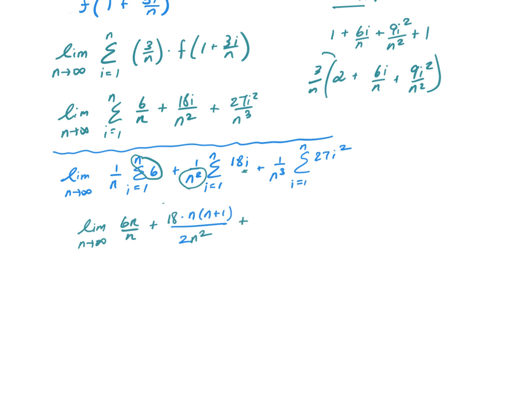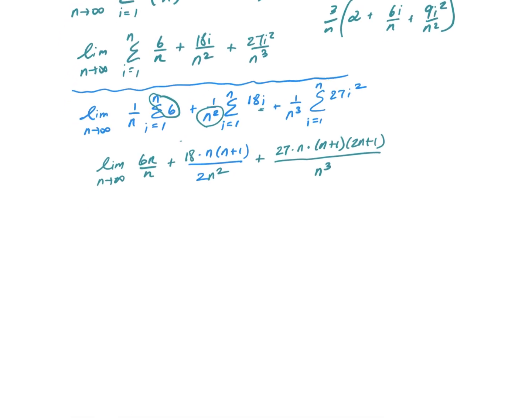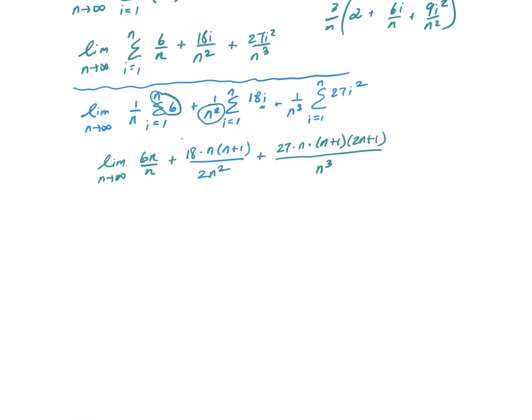And then over here, we're going to get 27, and it's I squared, so it's n plus 1, 2n plus 1 over n cubed. All right, so now I'm going to figure out limits here. Or you can cancel. This cancels. So I'm going to do the limit. So technically, you could drop out the limit at this point.